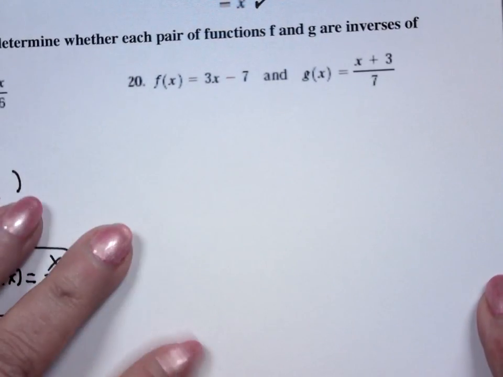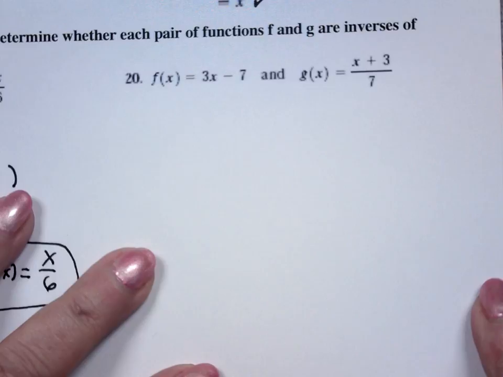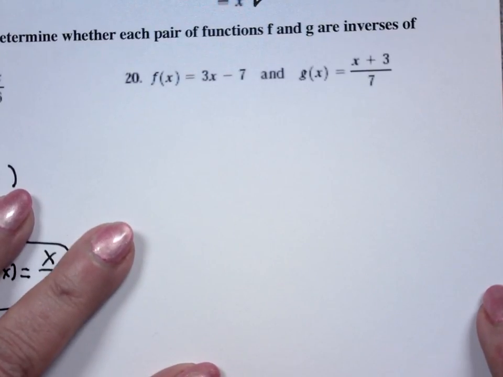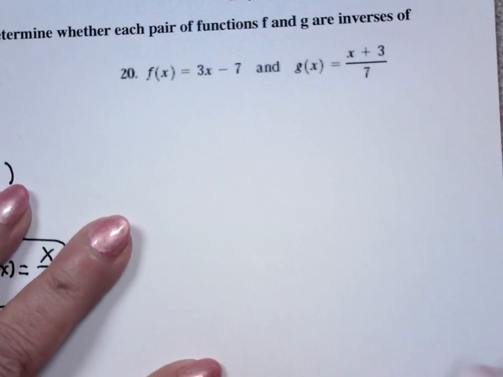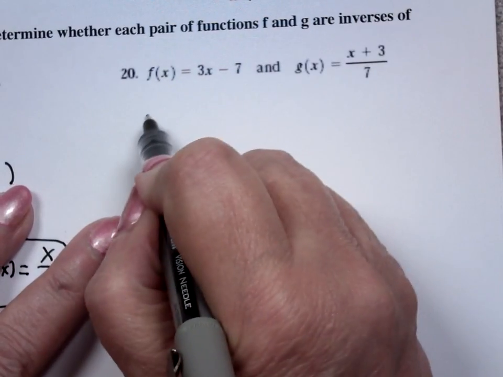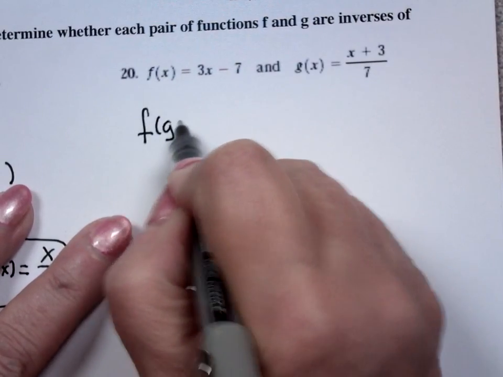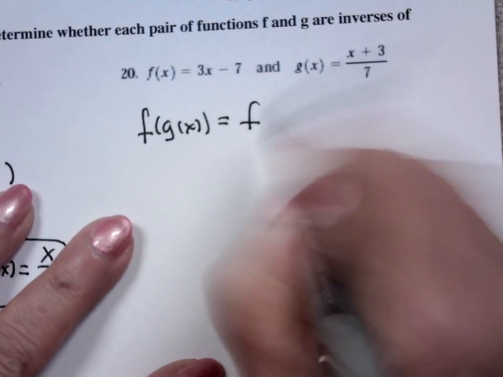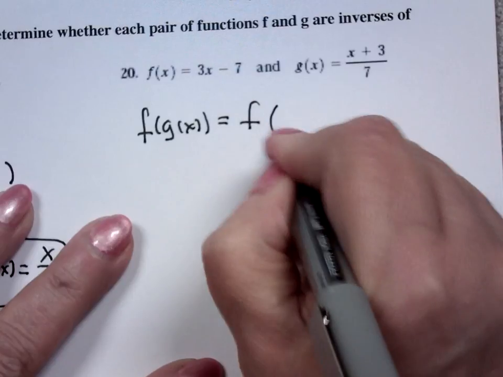Okay. So f of g of x, and I'm going to stuff g into f because that's going to be easier to do. So f of g of x says in the function f, I'm going to stuff g.